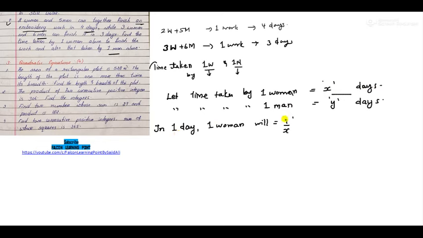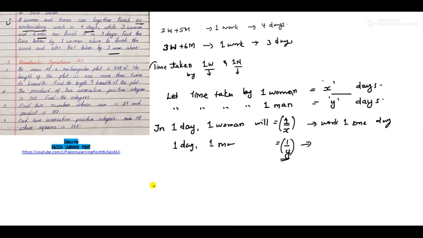Now in one day one man will do 1 by y of the work. This 1 by x is the work done by one woman in one day.